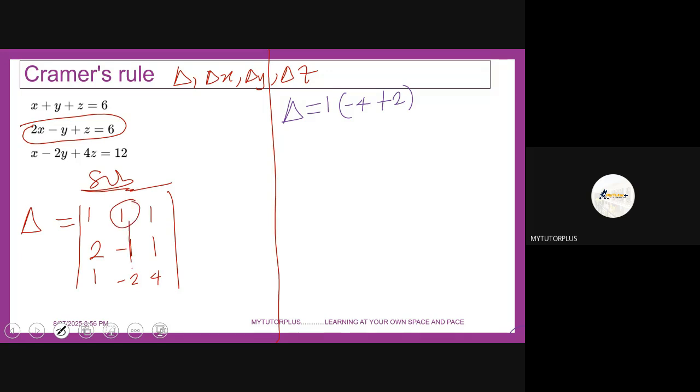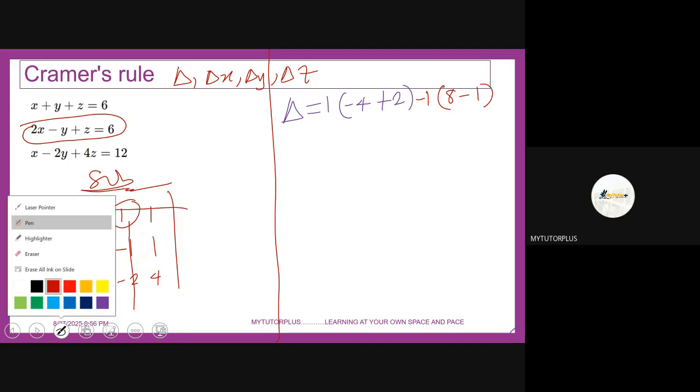I will cancel everything on the row of 1 and everything across the column of 1. What am I going to have this time around? That's going to be minus 1 open bracket. Can you remember the rule? The center one will take minus. So that will be minus 1 open bracket 2 times 4, which is 8, minus minus 1 times 1. Then the next one we have is the last one now, which is the last column.